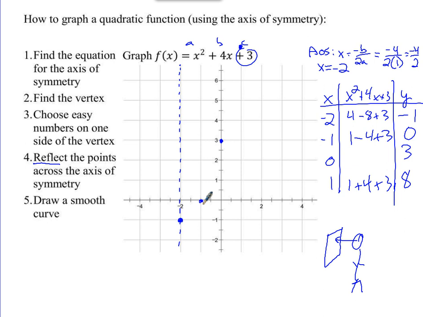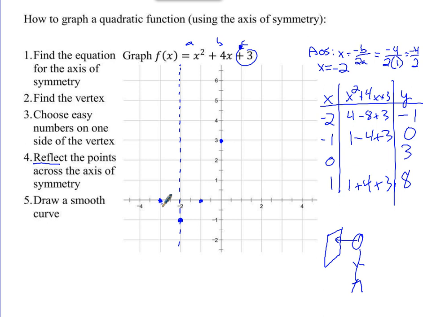I bring that up because when we use the axis of symmetry as a mirror, if we were standing right here and we look into that mirror, we would see ourselves standing where? All the way over here. That's right. So we have to go 1 full square into the mirror right here, which means our reflection will be 1 full square into the mirror on the other side.